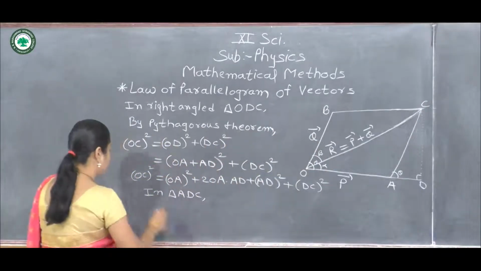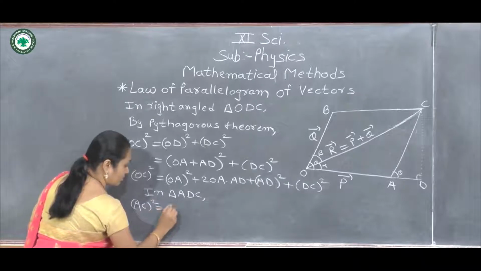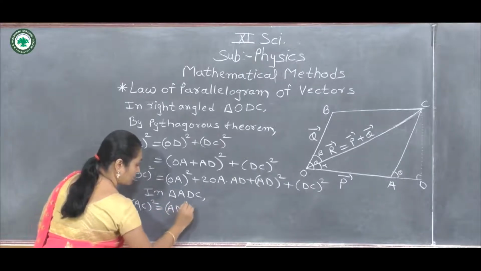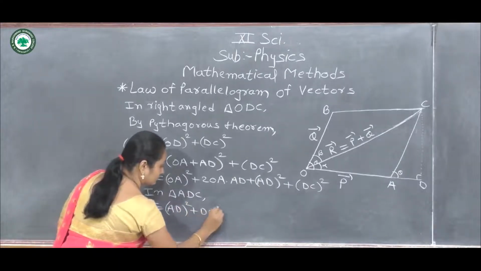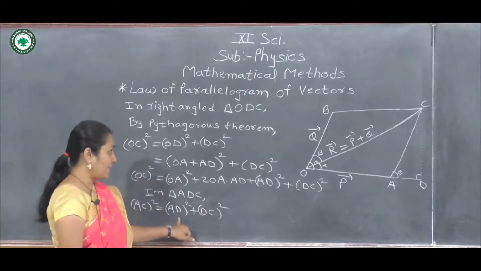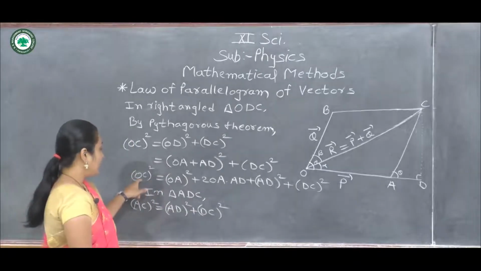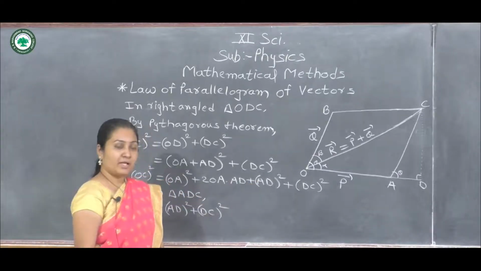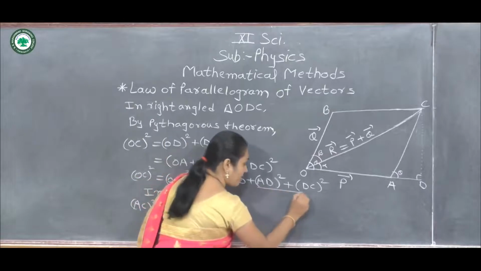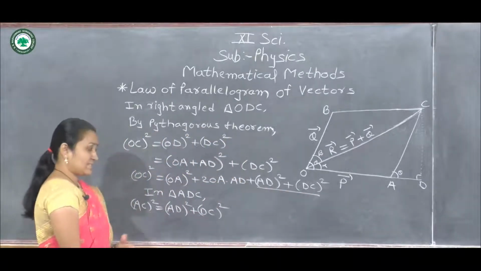So in this equation, instead of AD square plus DC square, we can write AC square.